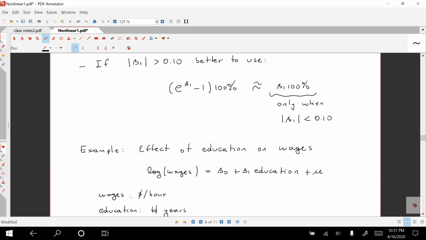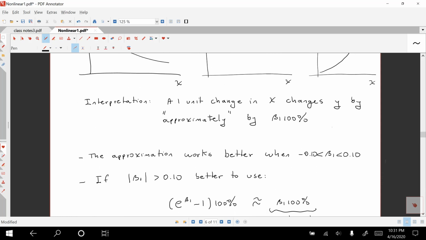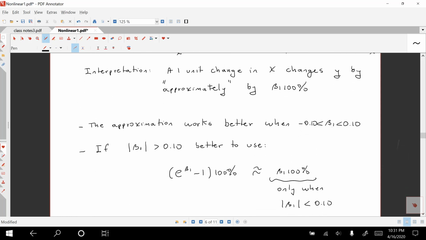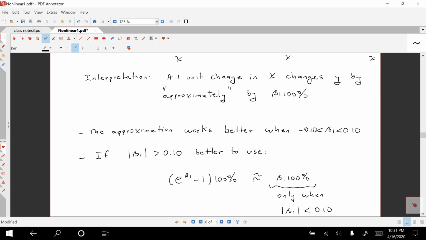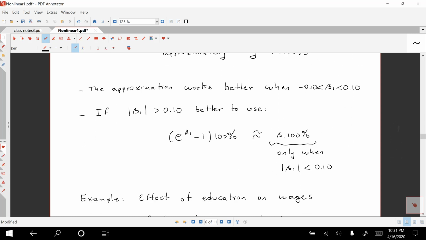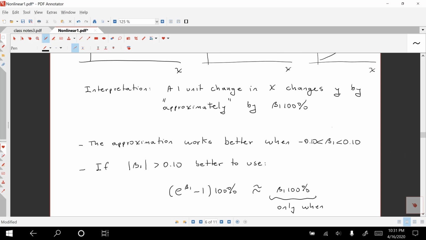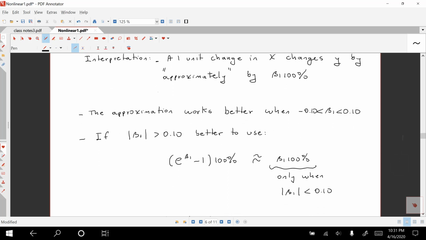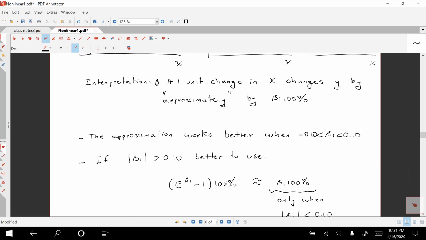Before I move forward, notice that I focus the interpretation on the beta 1 coefficient. When we have these models with log as the dependent variable, the interpretation of the intercept, so here I should have said beta 1 and beta naught, just for completeness, there is an interpretation for beta naught, but it is not very useful.